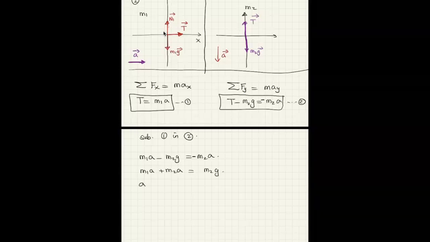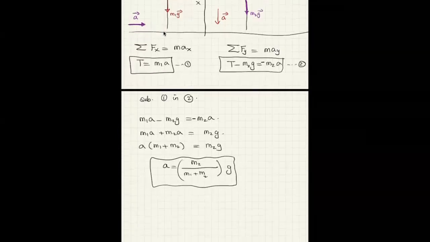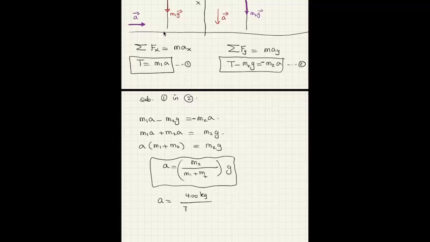I can factor A here because I need to isolate A, and then A equals M2 over M1 plus M2 times G. This is my acceleration. Then I can say it is the 4 kilograms divided by 7, because their total is 7, times 9.8.